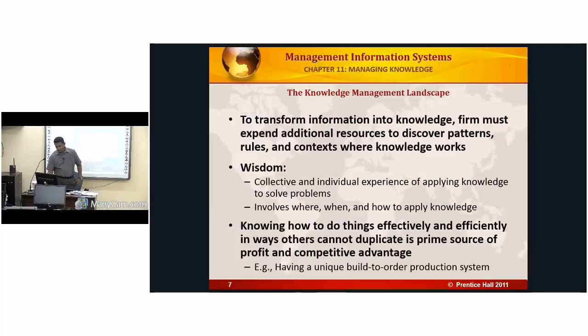Wisdom is the collective and individual experience of applying knowledge to solve problems. It involves where, when, and how to apply knowledge. Knowing how to do things effectively and efficiently in ways others cannot duplicate is the prime source of profit and competitive advantage.